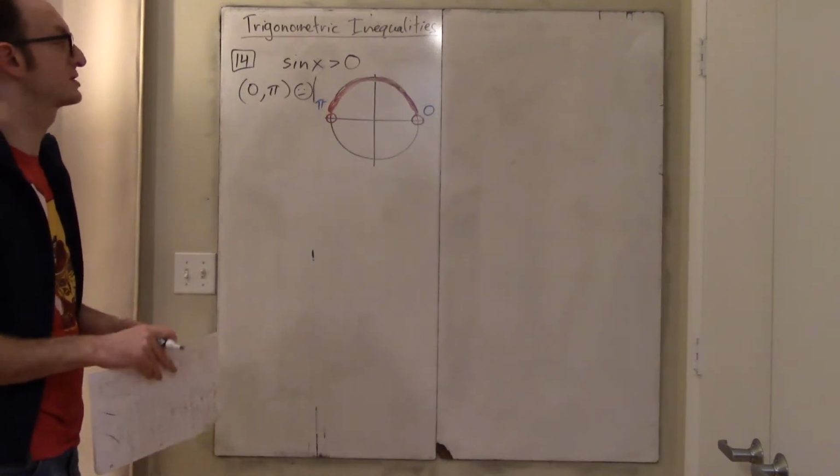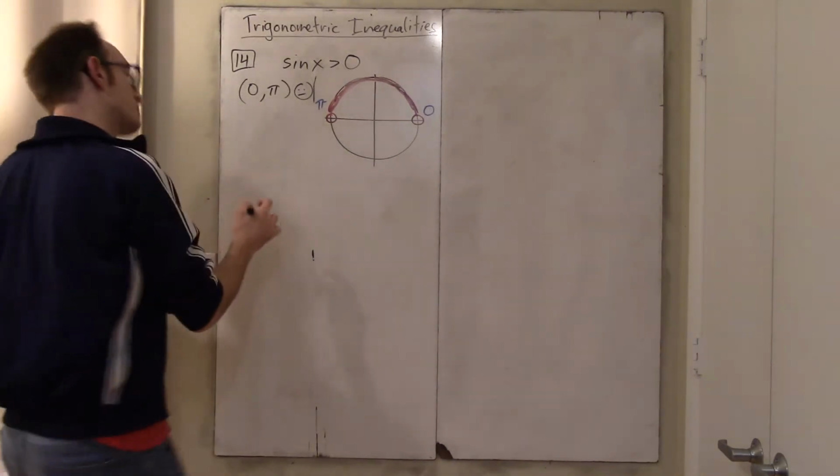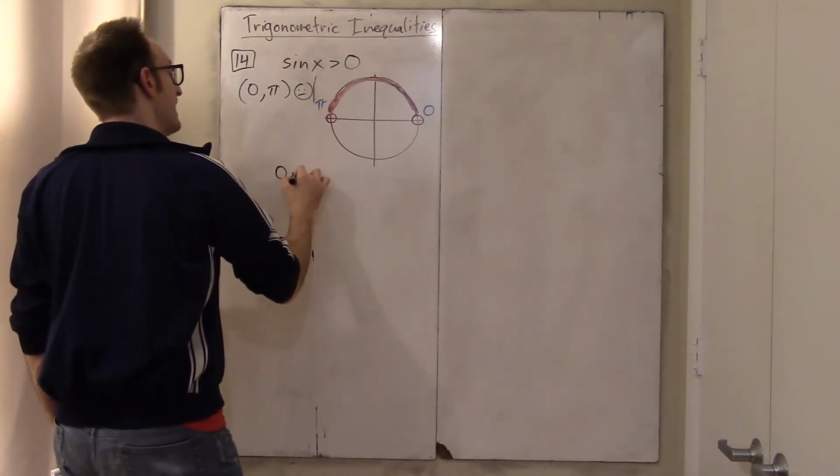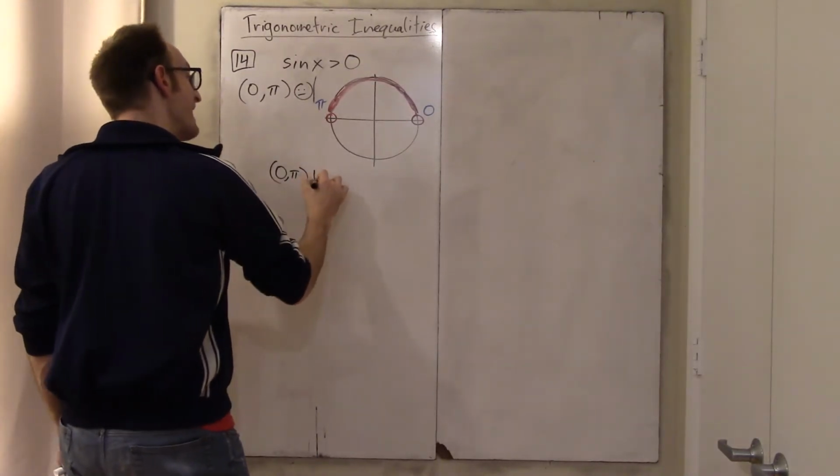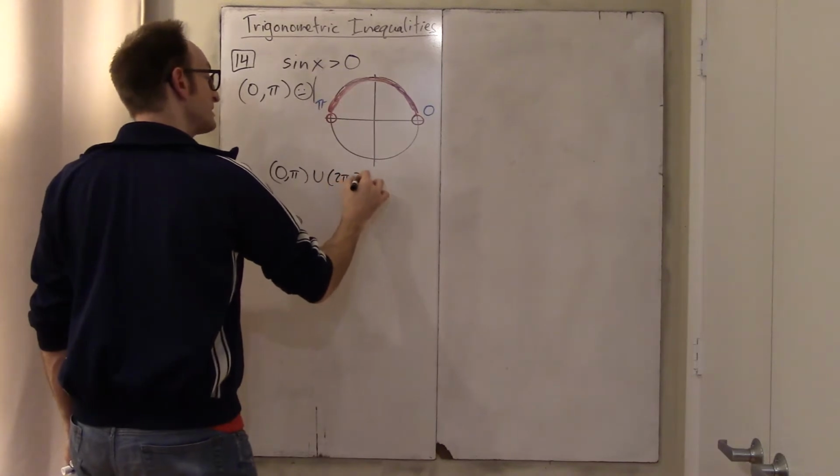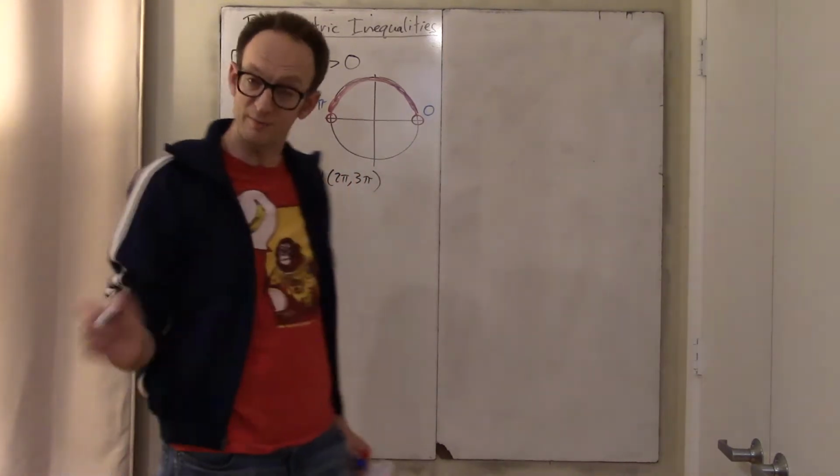And of course, the pattern is just going to hold, right? So the real answer to this problem is something like everything from 0 to pi and everything from 2 pi to 3 pi. Those are perfectly legitimate real numbers after all.